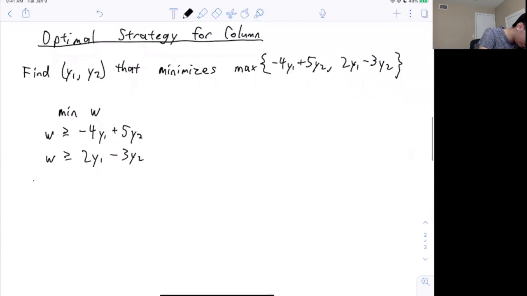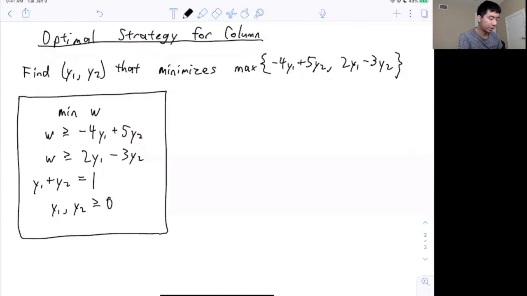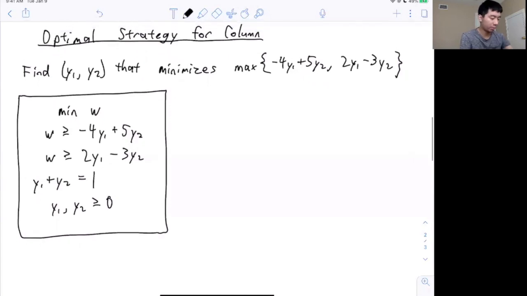And again, y1 and y2 are probabilities, so they need to sum to 1, and they need to be greater than or equal to 0. So this is our linear program, and we can solve for its optimum the same way.